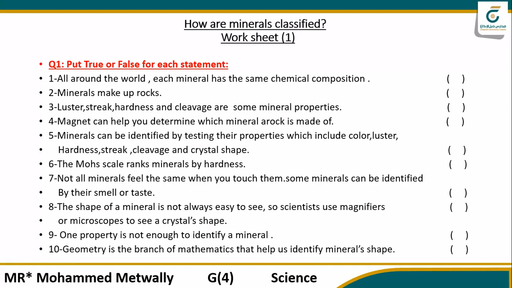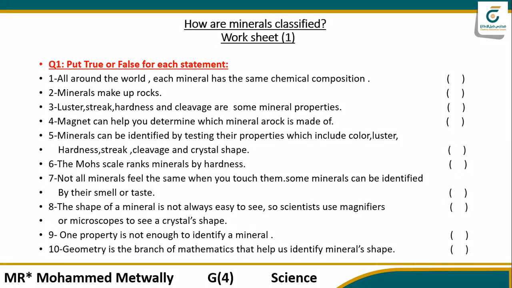Here in this point, I want to tell you something about magnifiers and microscopes. Magnifiers and microscopes are tools that scientists use to help them make a small thing larger than its original size.